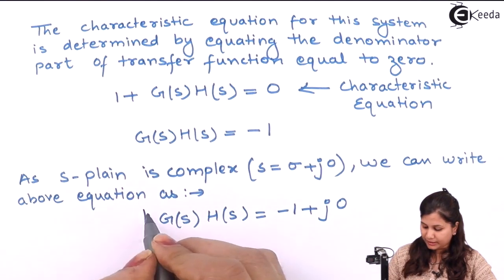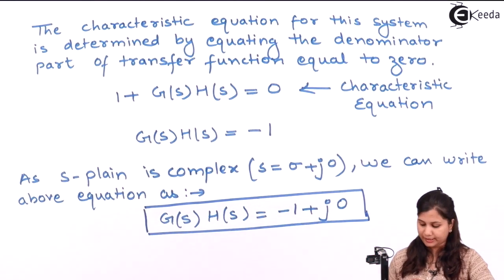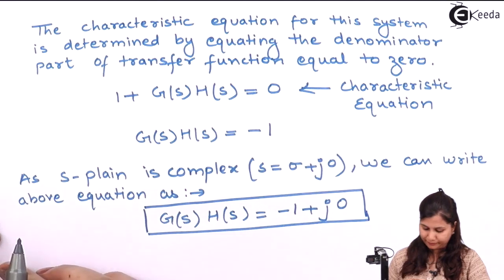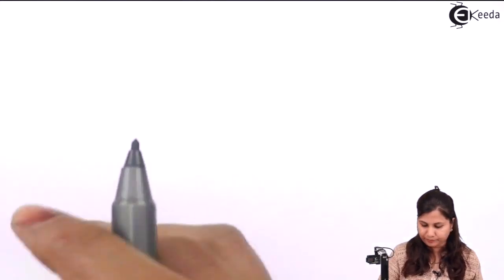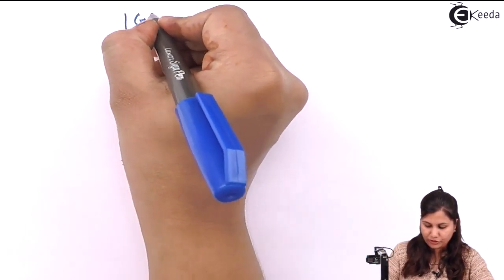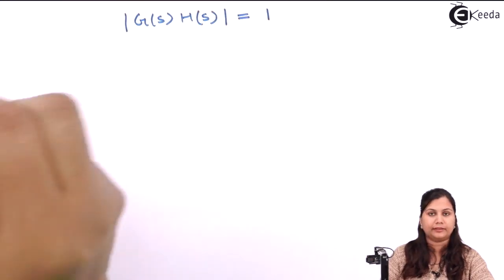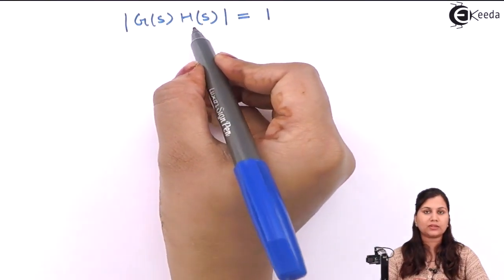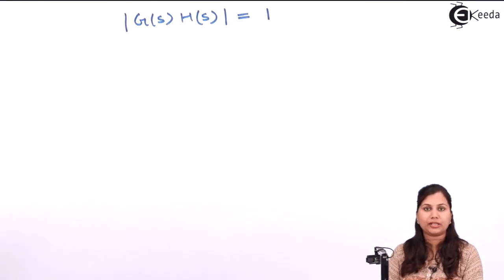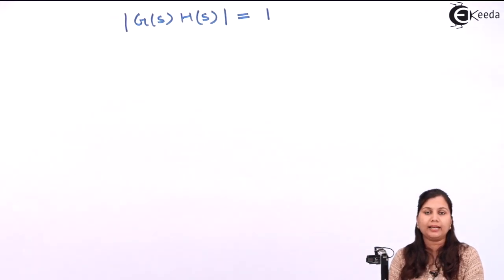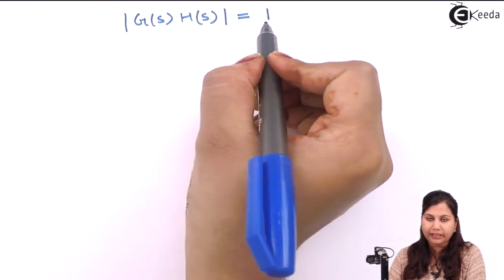Now in this G(s)H(s), if we take the magnitude, then the magnitude of G(s)H(s) will be 1. Okay, because G(s)H(s) was equal to minus 1 plus j0. J0 is the imaginary part, so taking only the real part and taking the magnitude, that is the absolute value, it will be 1.